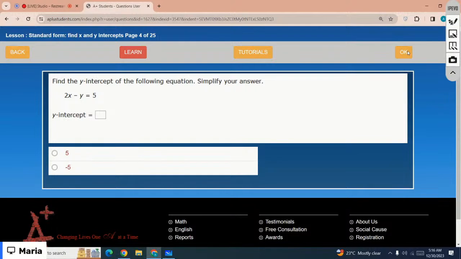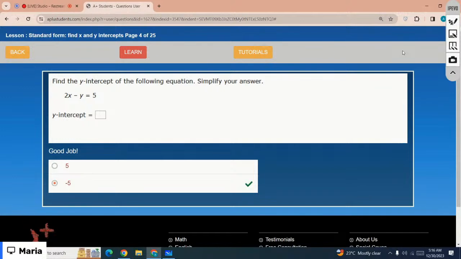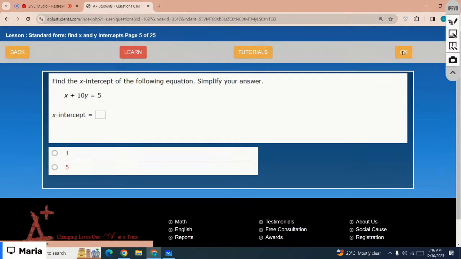Yes, the correct option is negative 5. The y-intercept is negative 5. So to calculate the y-intercept, put x equals 0 in the equation and solve for y.